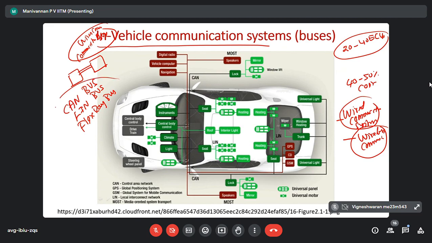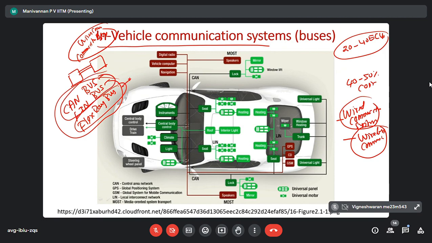These 3 are the most widely used wired communication buses, systems or protocols in autonomous vehicles. We are going to see these 2. FlexRay, I'm not going to talk about it, I will just tell what it is. It is very high speed communication, but we don't have time to discuss all these things. These 2 are sufficient. These are very widely used.